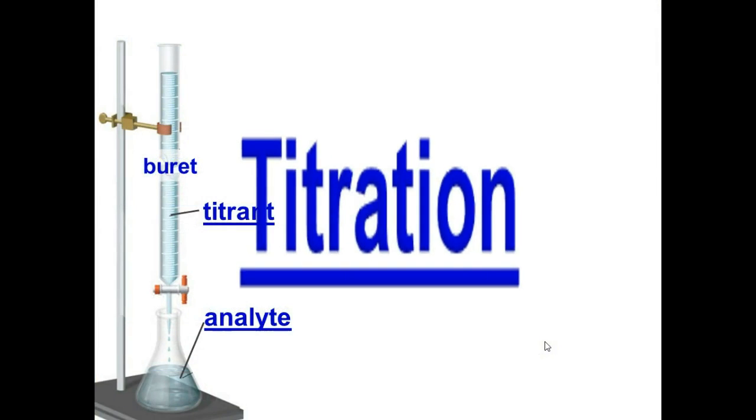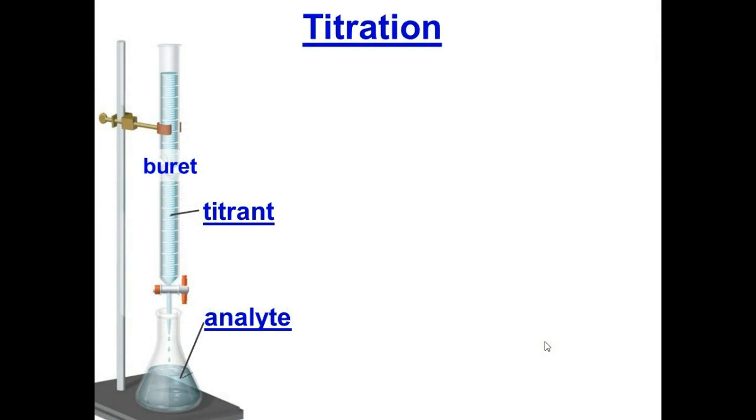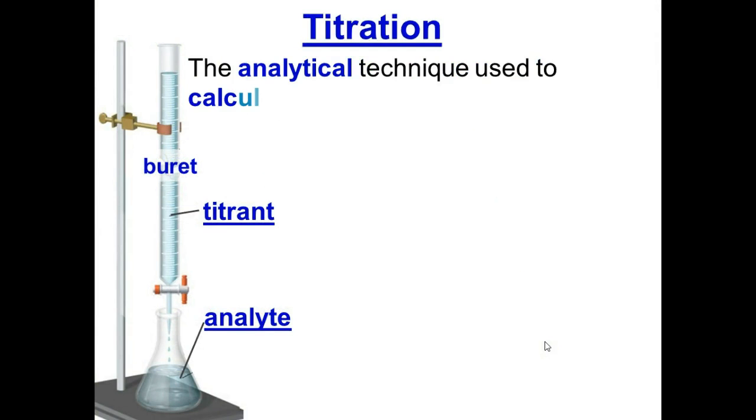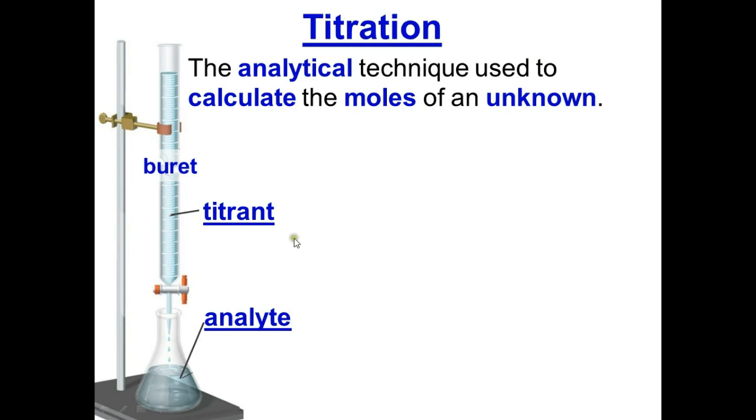And so now we're going to be talking about what a titration is. A titration is practically a neutralization reaction, but it's controlled. That's an important part. So a titration, the definition is an analytical technique used to calculate the moles of an unknown. So here we have a burette, and inside we have a titrant.